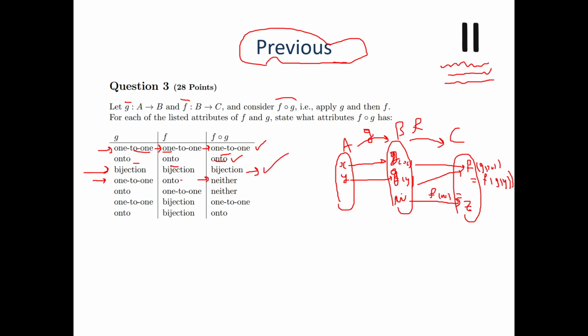So you could have elements here, I ran out of letters, let's say H, that doesn't have a preimage. Even w itself, it's not necessary that w has a preimage here. And that still makes G and F functions. Remember, what does it mean to be a function? Everything here must point to somewhere over there. If w doesn't have anything pointing to it, that's fine. But it makes the whole thing F round G not surjective.